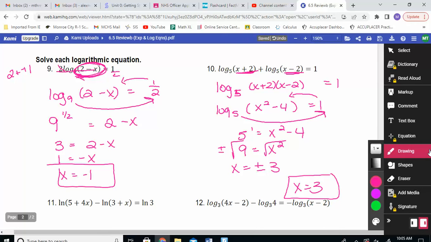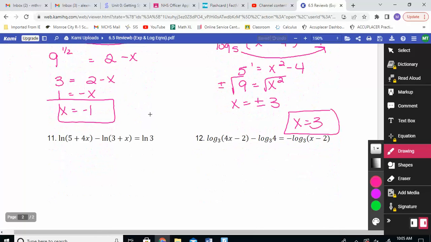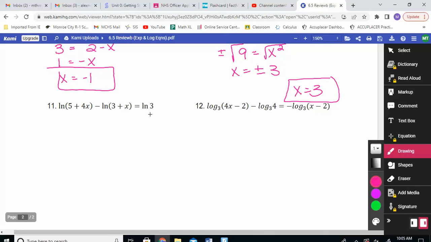Okay, the last two, everything has a log. So our strategy was if we can get one log on each side, we can drop it. So on problem 11, these logs are subtracted, so when I put them together, we divide. Now we have one log on each side, so we can drop those logs.